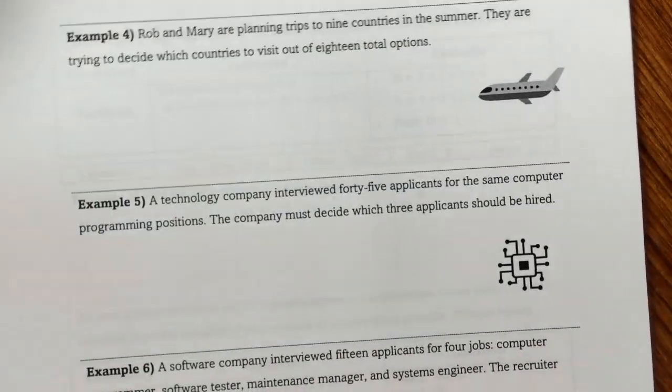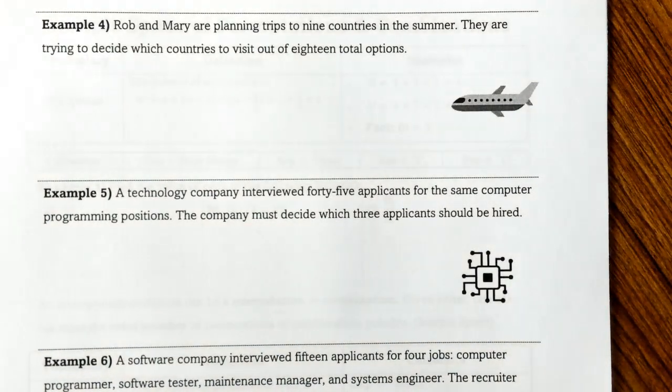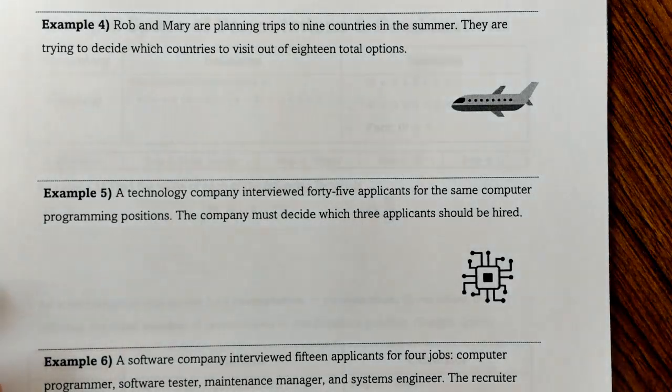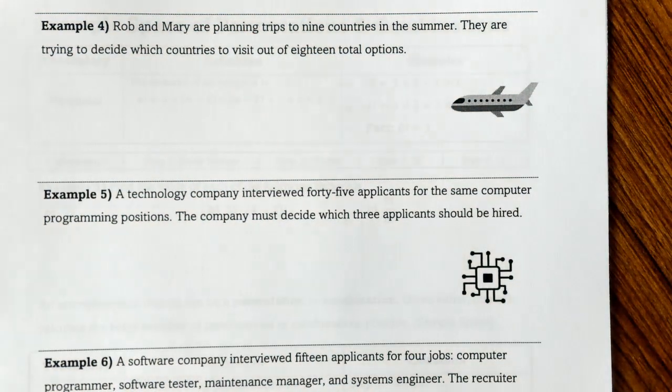All right, next problem. Rob and Mary are planning trips to 9 countries this summer. They're trying to decide which countries to visit out of 18 total. Doesn't matter what order they go to these countries in. So they choose a 9. Doesn't matter which one they go to first, second, third, etc. And it does not matter if they go to, let's just say, France, then Ireland, then Germany, and so forth.